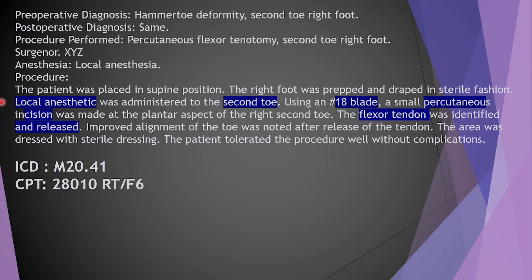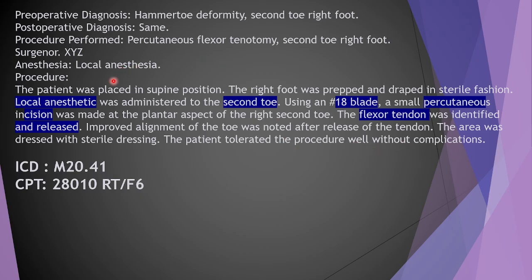Local anesthesia was administered to the second toe. Using an 18 blade, a small percutaneous incision was made at the plantar aspect of the right toe, and the flexor tendon was identified and released. Improved alignment of the toe was noted after the release of the tendon, and the area was covered with sterile dressing. The patient tolerated the procedure well without complication.